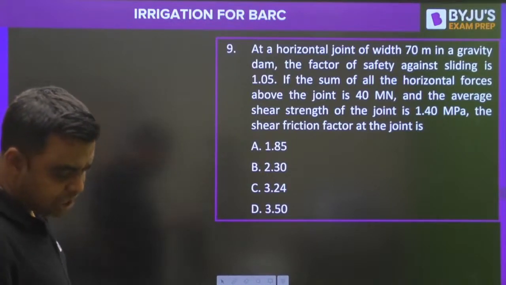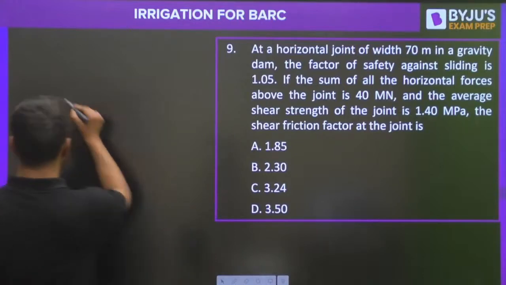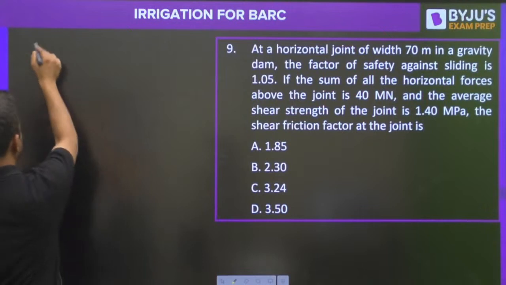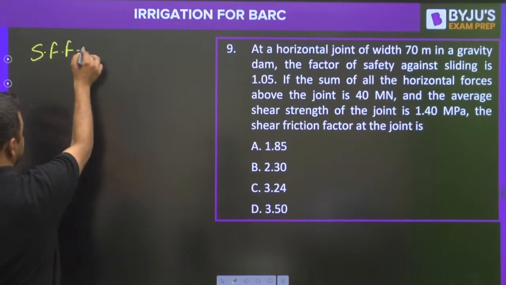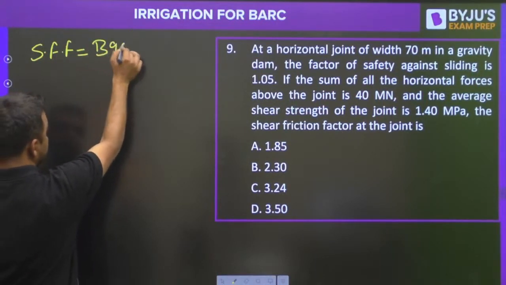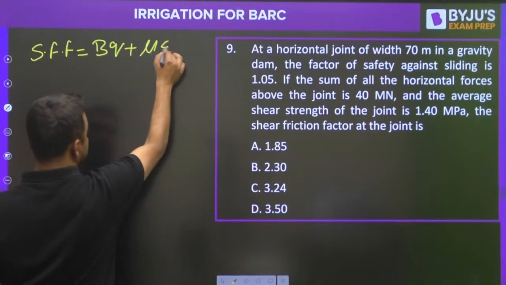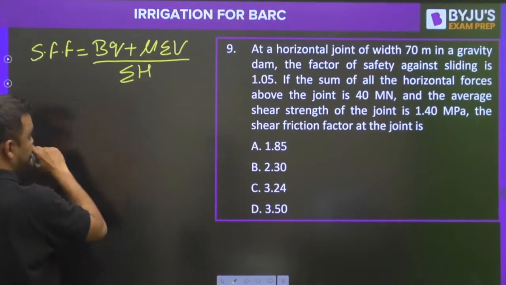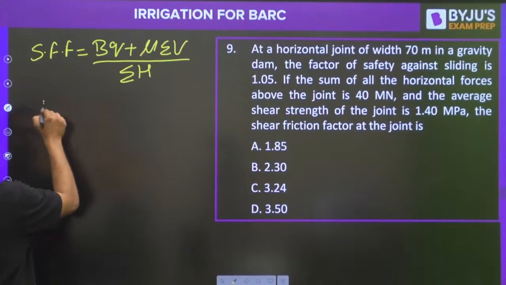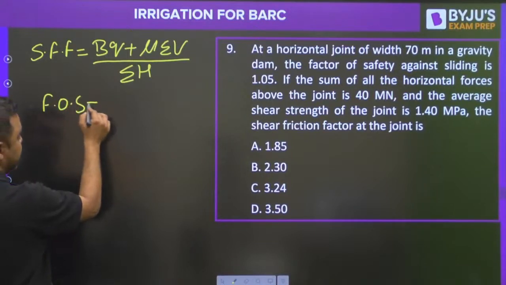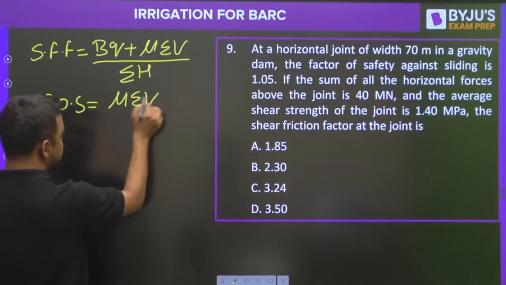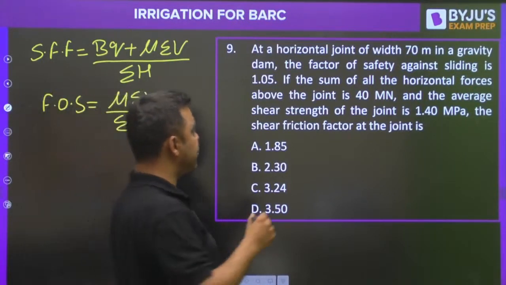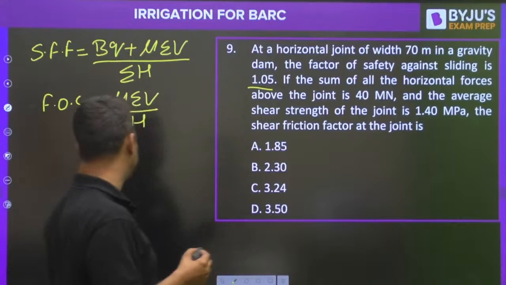So it's a very easy question, guys, right? We know that shear friction factor is equal to (BQ plus mu summation V) divided by summation H. Further, we know that factor of safety is equal to mu summation V divided by summation H. In the question, factor of safety against sliding is given as 1.05.